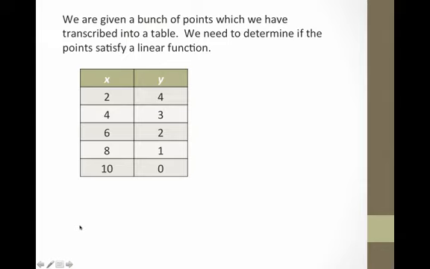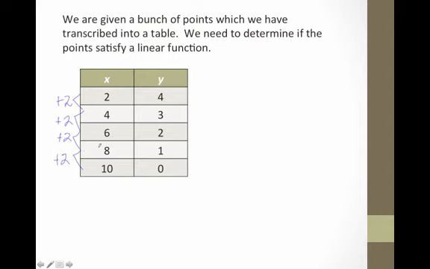All right, so I told you we'd look at graphs to see if they were linear functions. Now we're going to look at a set of points in this table to determine if it is a linear function. Well, we're going to look for a pattern. And if I look at my changes in x, I'll notice that every time I'm adding 2, adding 2, adding 2.